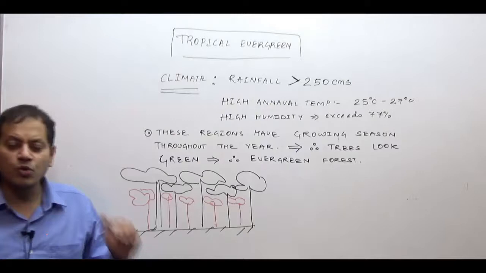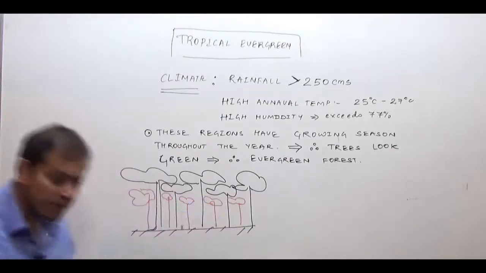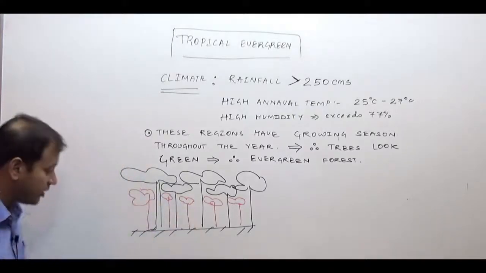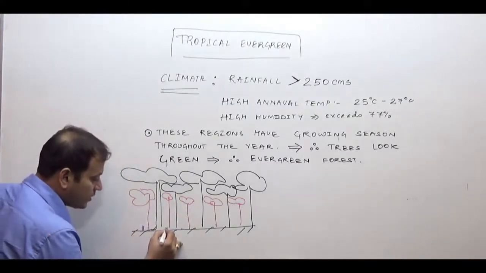After that the red color trees, then the sunlight does not reach the ground, and because the sunlight does not reach the ground, the undergrowth, that is the grasses which grow, is not extremely dense. So because the sunlight cannot reach the ground, the undergrowth is not very dense.